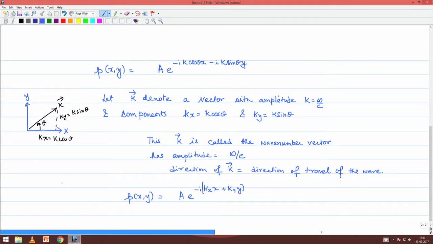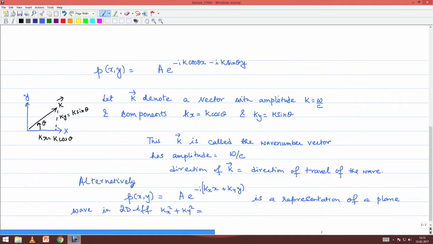So, this is the alternative viewpoint. Alternatively, p equals this is a representation of a plane wave in 2D if and only if k x square plus k y square is equal to omega square by c square.